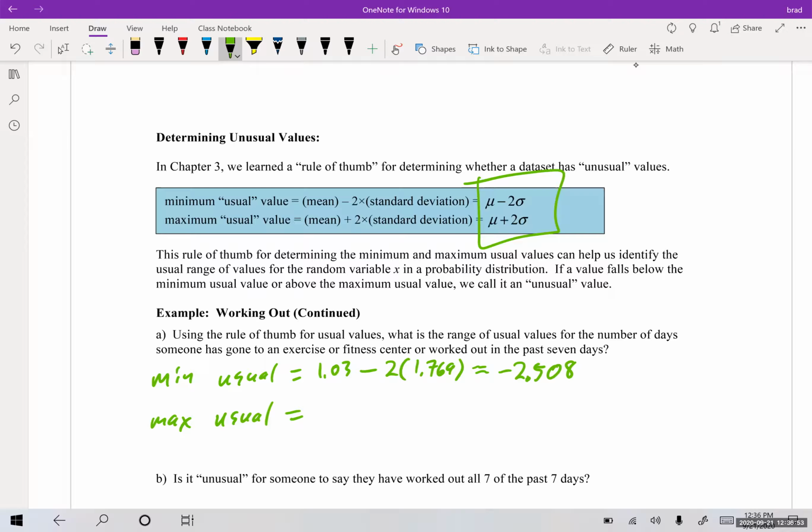Max value would be 1.03 plus 2 times 1.769, and this would give us 4.568 days. So these are both days, right?